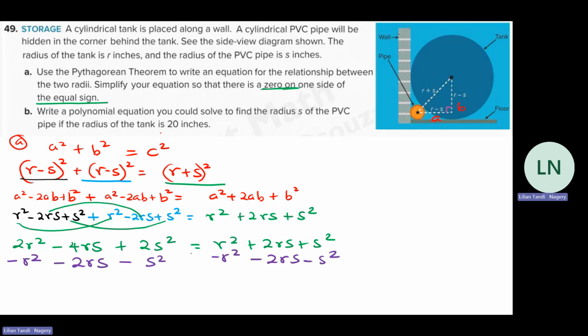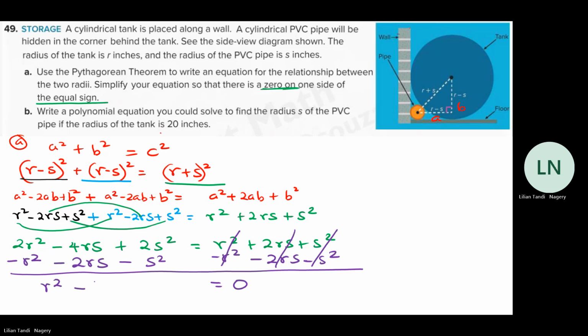This gives 0 on one side, and r squared minus 6rs plus s squared. So this is the answer to part A.